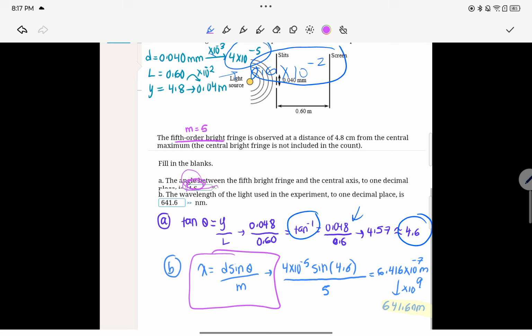Okay, and then over the 5, which is, look, they said fifth order, which means m is equal to 5. You get this, okay, as meters. Now I have to make it nanometers. So you multiply by 10 to the power of 9. So 6.641.6 nanometer.